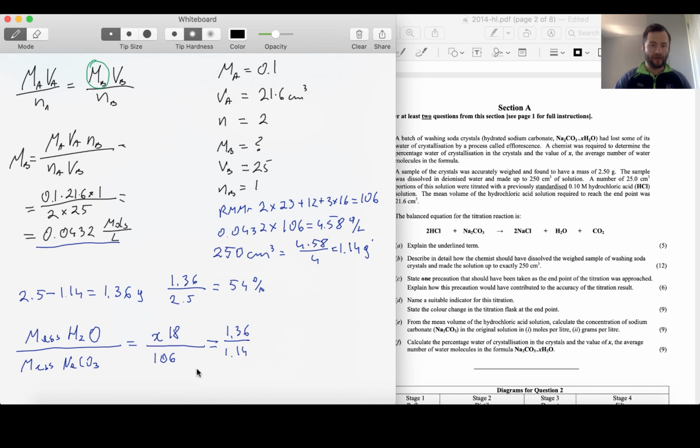So now I need to solve this for X, to get that X equals 106 multiplied by 1.36, all that divided by 1.14, and that gives me 7 molecules of water per each molecule of sodium carbonate.